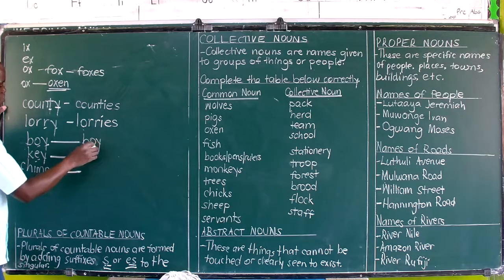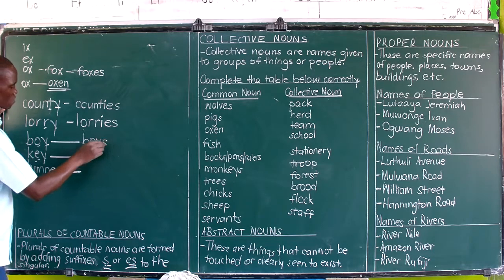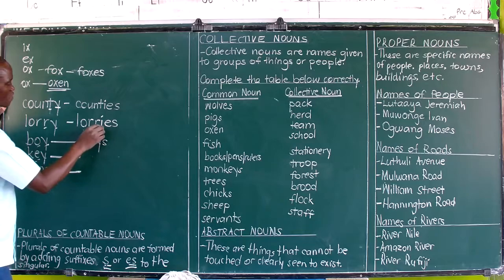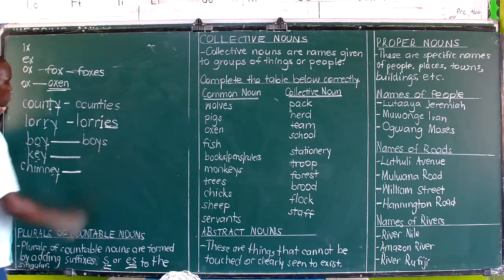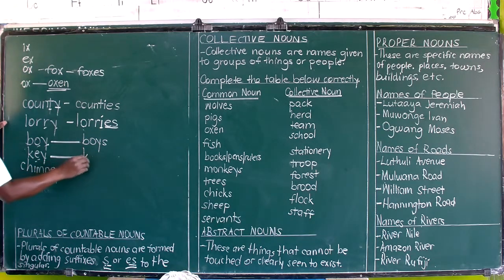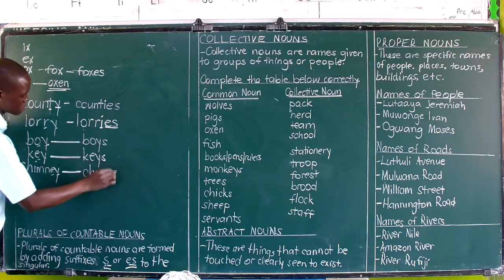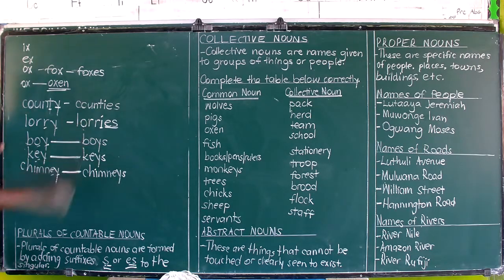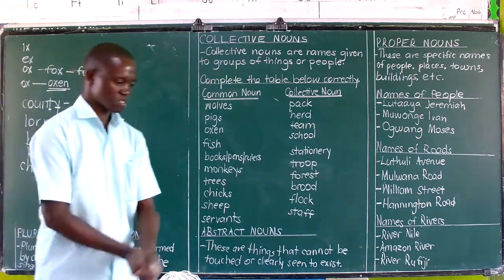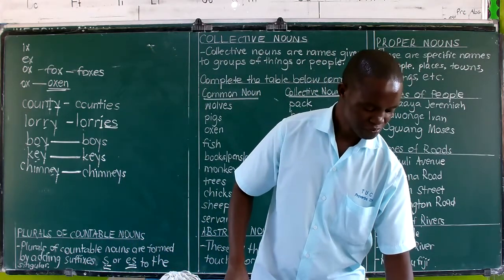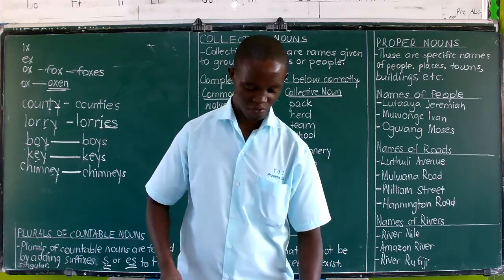This last Y is coming after a vowel, add S. But the last Y coming after a consonant, replace it with I before you add ES. Simple. Then key becomes keys. Chimney becomes chimneys. That's how easy plurals of nouns can be. If you listen to the teacher, everything becomes very easy.